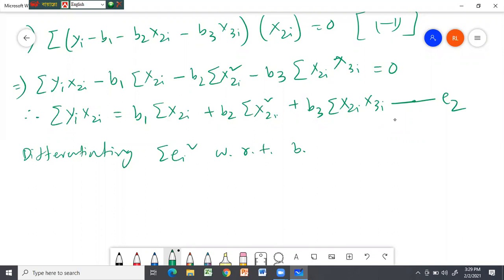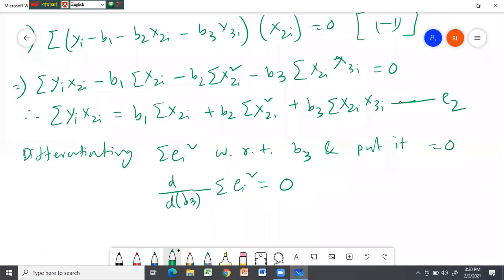Now we are going to differentiate the error square with respect to b3 and put it equal to 0. In that case, it would be d by db3 of the sum of ei square is equal to 0. Then you just use the same approach that we used in the development of equation number 2.